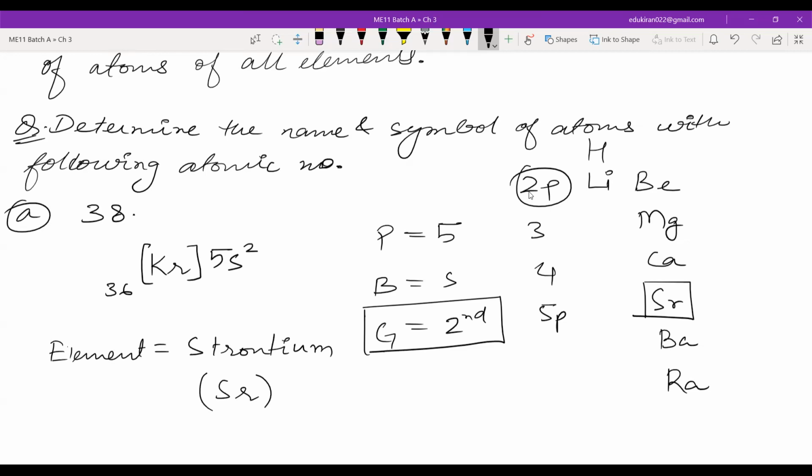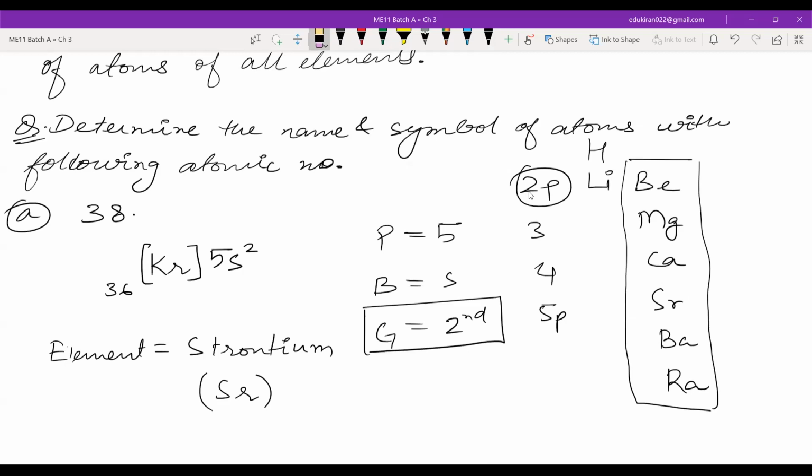Okay, should I repeat this with another example? How did you get the element again? See, the element will be something from these, right? Because it is in group 2. It would be one of these elements, right?